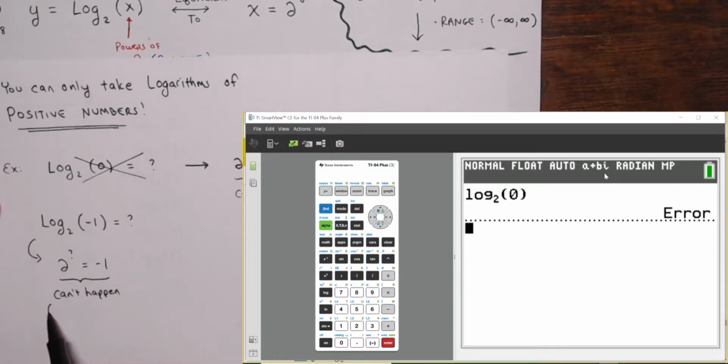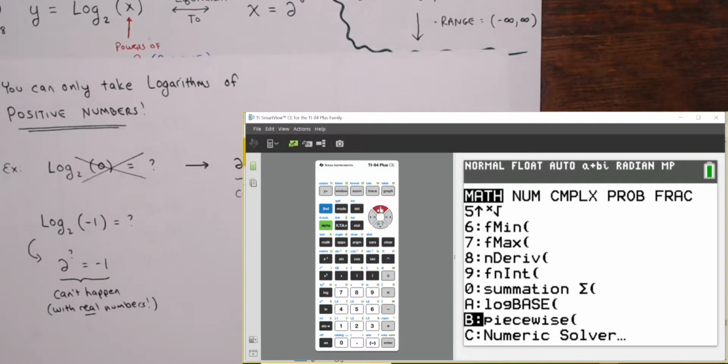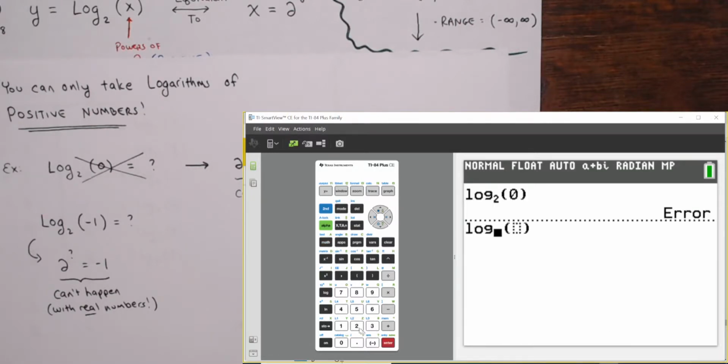This can't happen with real numbers. Unfortunately it can happen with imaginary numbers. So if I kept it in A plus BI mode and said, what's the log base 2 of -1? You see it gives me an imaginary result.